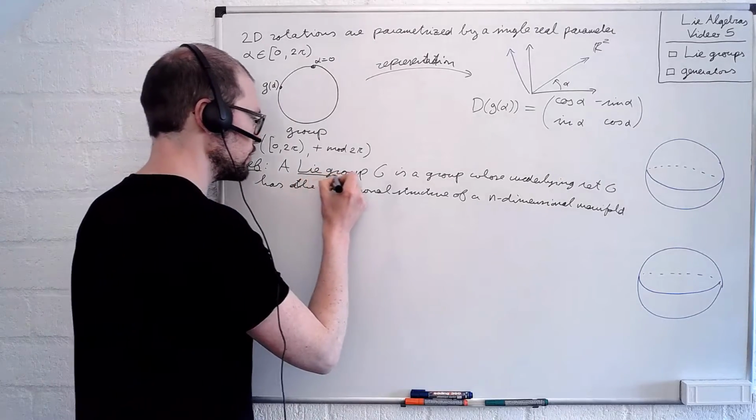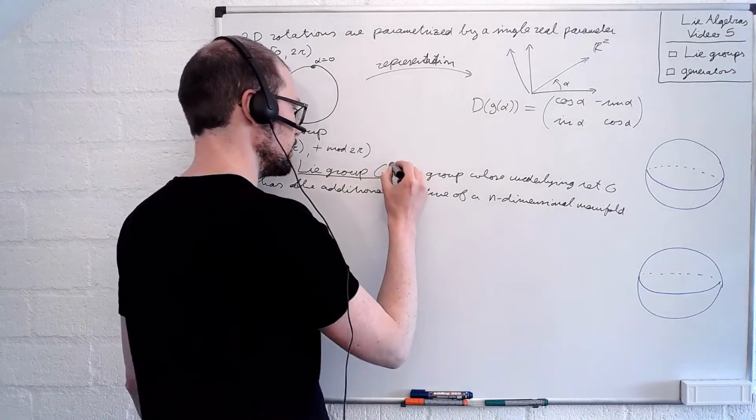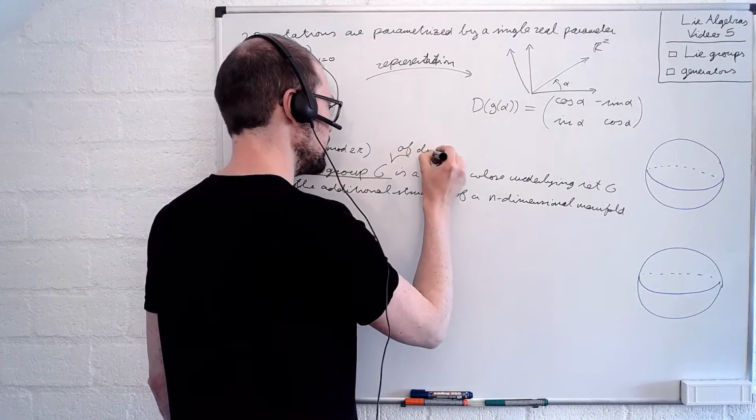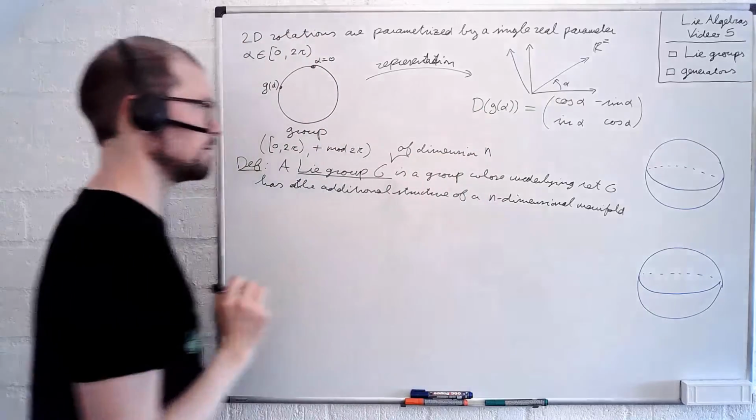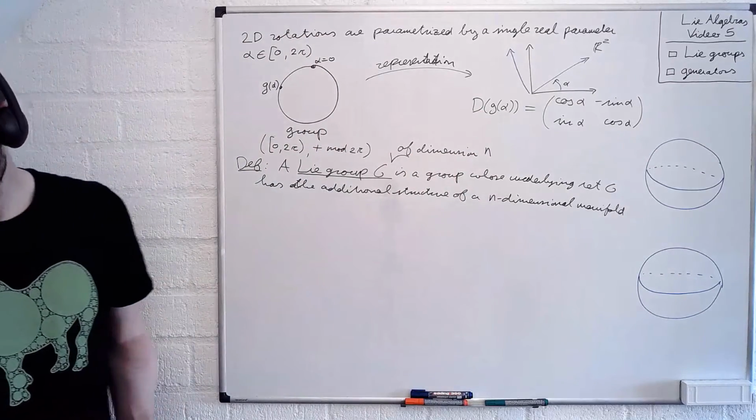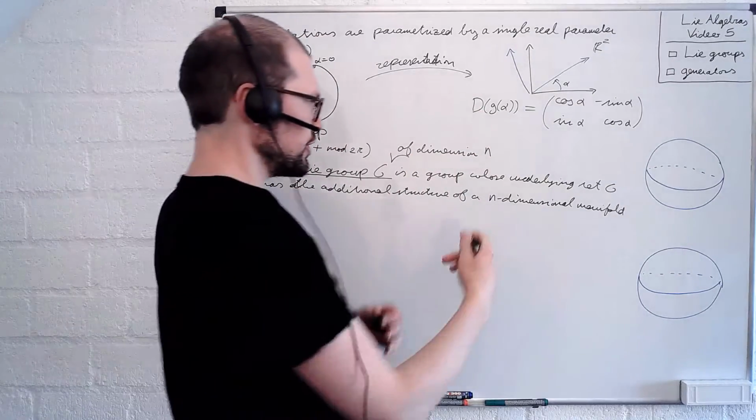Okay, so this is a Lie group, say, of dimension n. So it's an n-dimensional manifold.